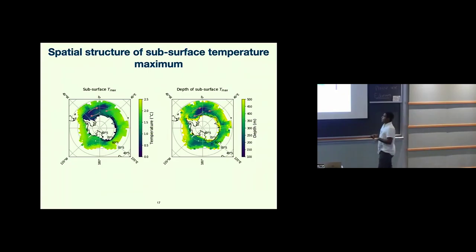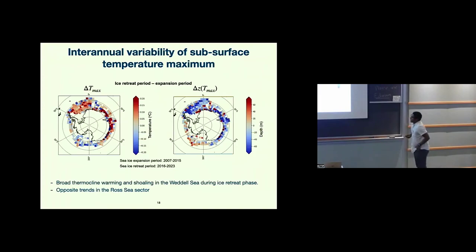And so what I'm going to do next is show you these same data, but averaged over the sea ice expansion period and the sea ice retreat period, and show you the difference. When you take that difference, on the left is the delta in the Tmax, taking the difference between the ice retreat and ice expansion periods, and this is showing the delta in the depth of that Tmax.